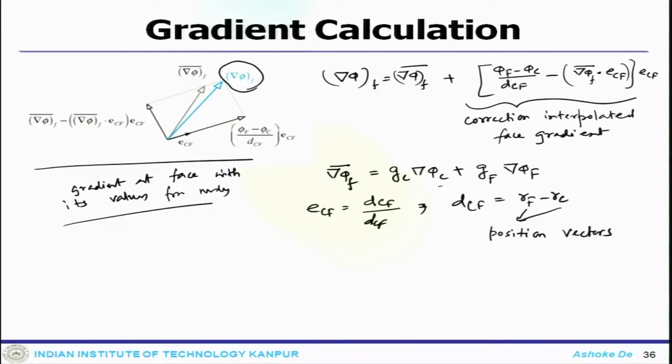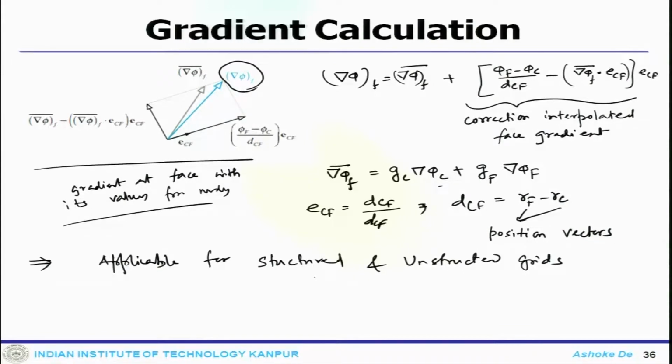The important thing is that this process is applicable for both structured and unstructured grids. Having said that, you can recall that the structured grid is a special case of the unstructured grid.